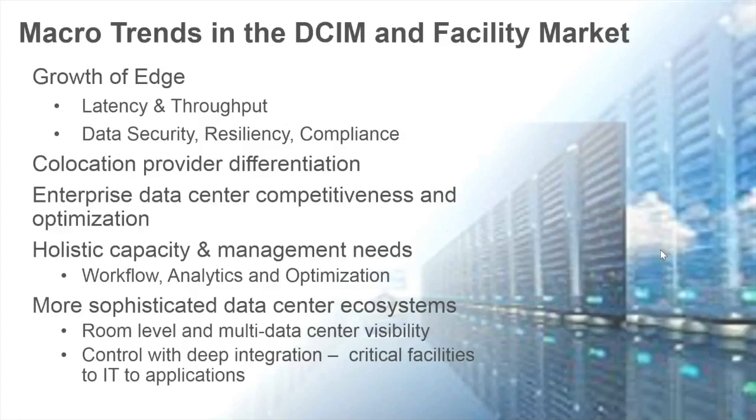What is happening there is a requirement for deep integration from the critical facilities themselves up to IT, up to, of course, the workloads themselves, because that's how we will get the best use of all of those facilities and all of those systems. So these are the key macro trends we see in the market.